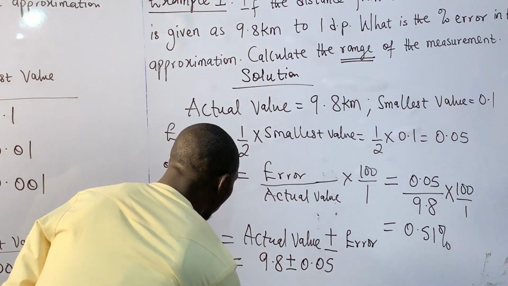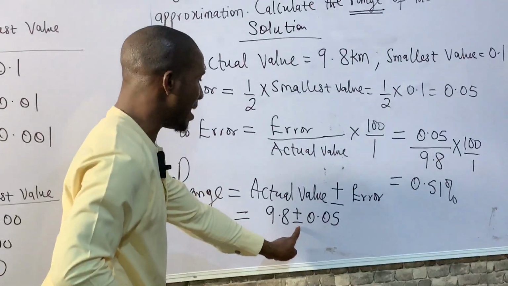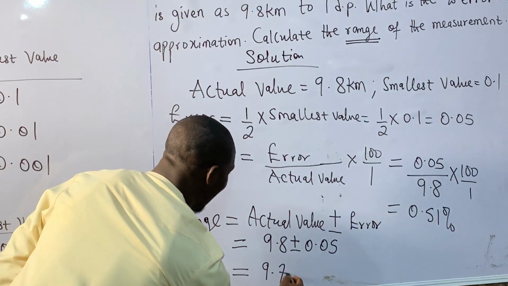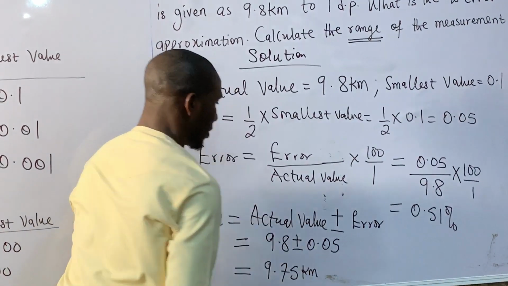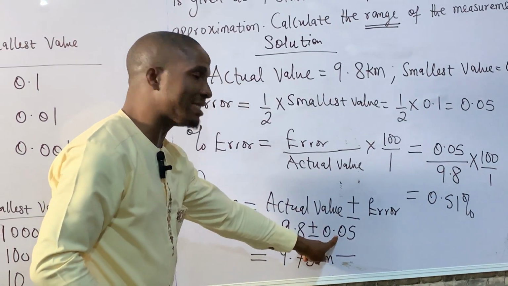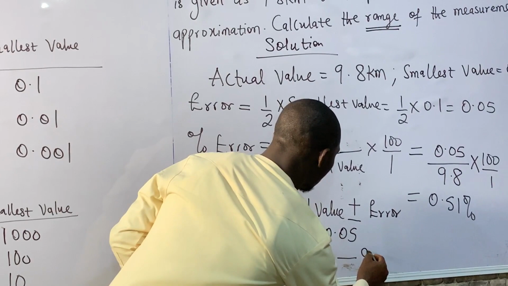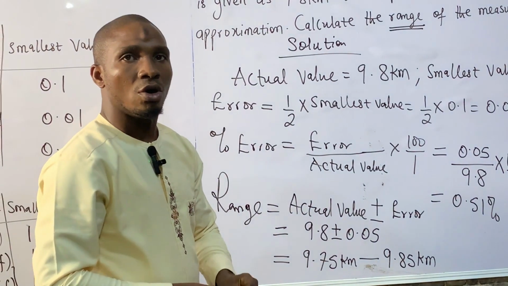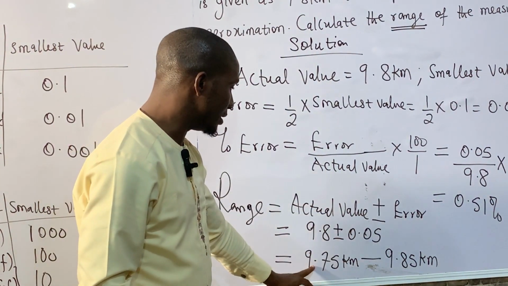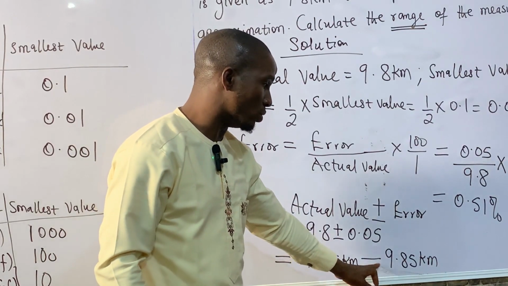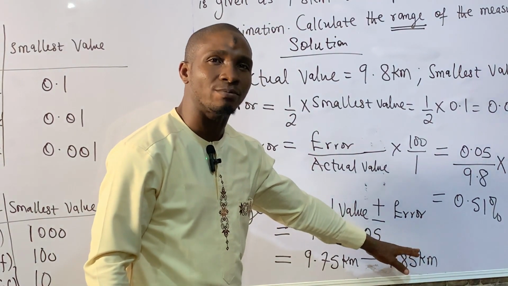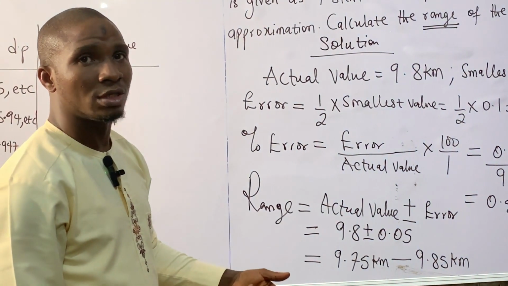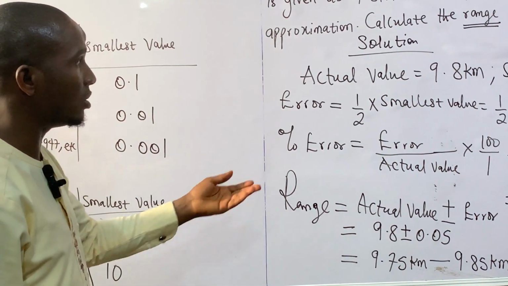Meaning that 9.8 minus 0.05 is going to give us 9.75 kilometers. By the time you add 0.05 to 9.8, it's going to give us 9.85 kilometers. That means the range of the distance is between 9.75 kilometers and 9.85 kilometers. So this is how to make use of the errors in approximation.